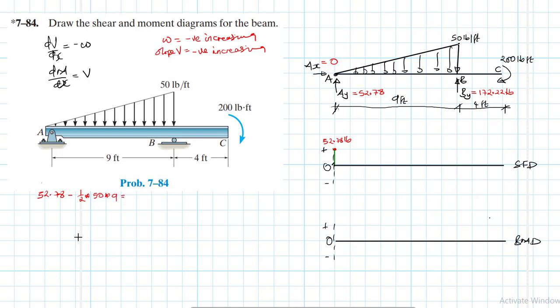If we do the subtraction, 52.78 minus half times 50 times 9, this gives us minus 172.22 pounds.